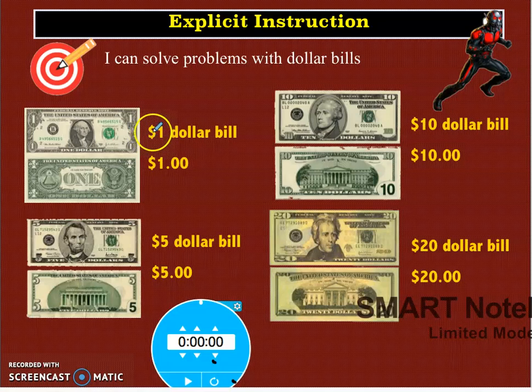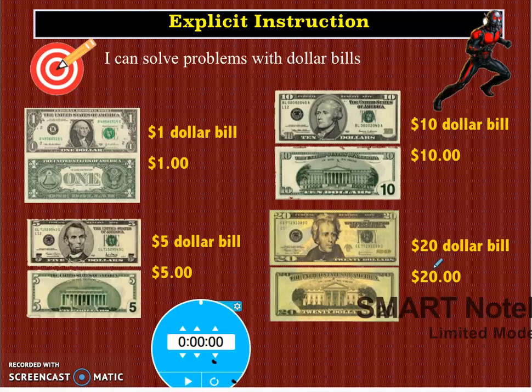A dollar sign goes in front of the number of dollars you have to tell you the total amount. So we have a $1 bill, which is worth $1, a $5 bill, which is worth $5, a $10 bill, which is worth $10, and a $20 bill, which is worth $20.